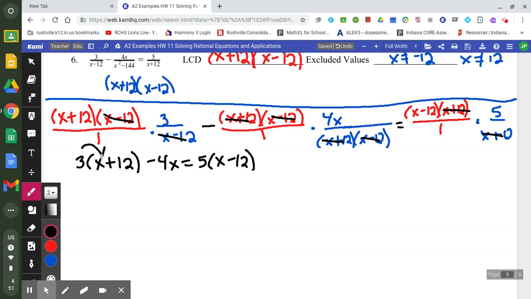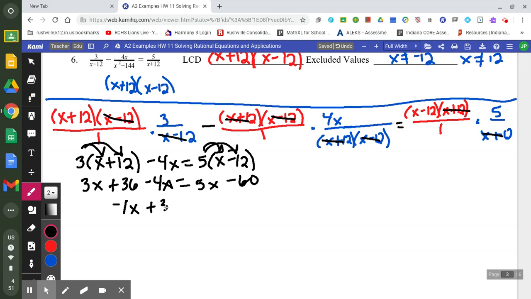So 3x plus 36 minus 4x equals 5x minus 60. So on this side, I have 3x minus 4x. That gives me negative 1x plus 36 equals 5x minus 60. So then I need to get the x's on one side of the equal sign.